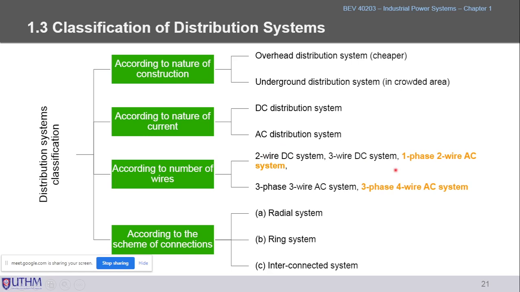In our practice we have single phase, two wires, neutral and live. For three phase we practice three phase, four wires, RYB and neutral. And according to the scheme of connection, we have radial, ring and interconnected, or the loop also.